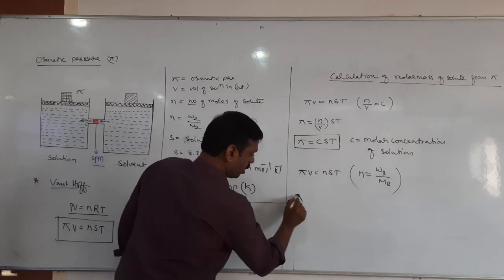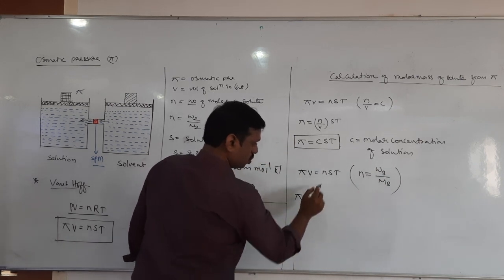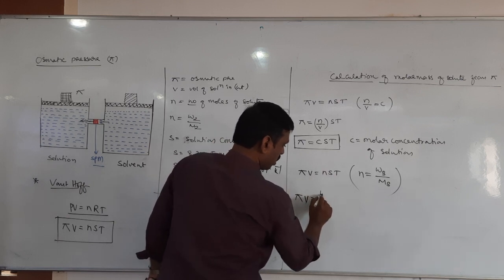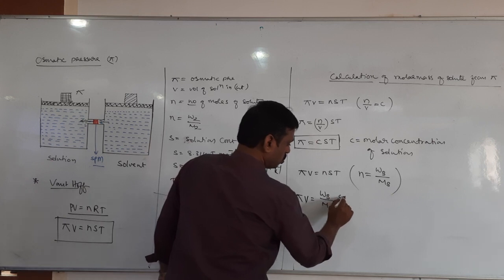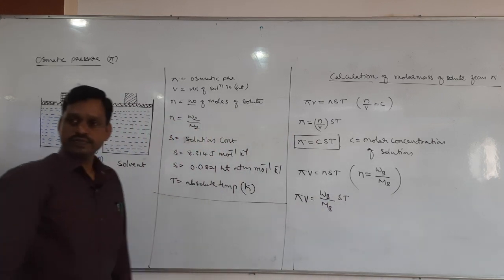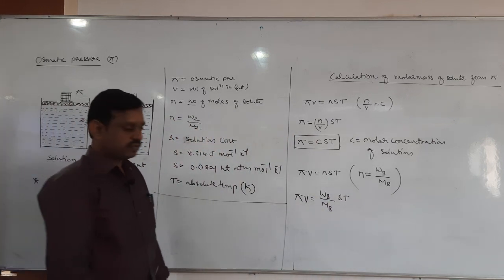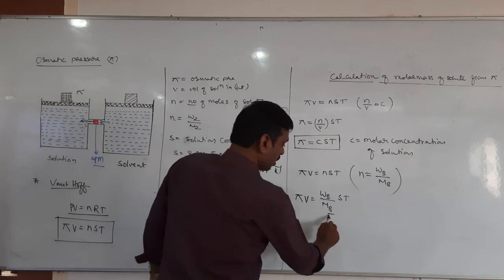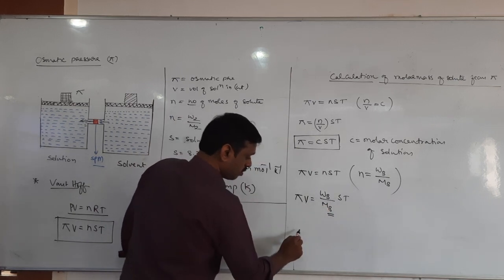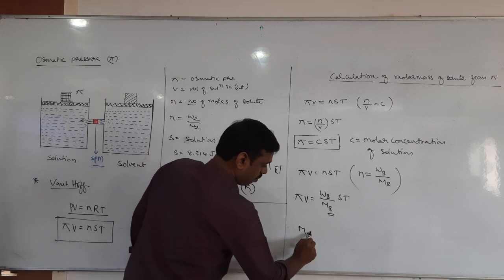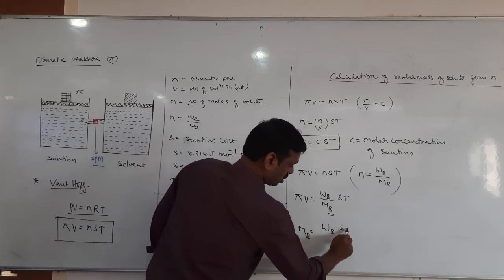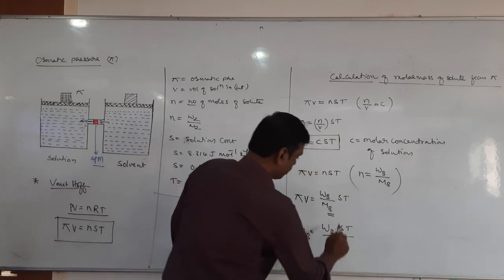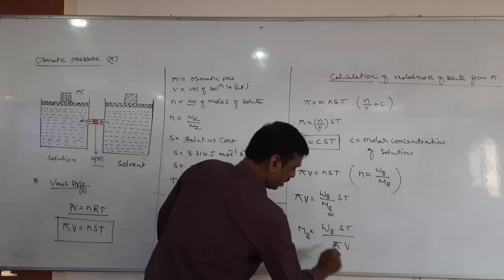Therefore, pi into V equals, in place of n, can we write WB by MB, into ST? Then what to calculate? Molar mass, MB. So MB transferred here: MB equals WB into S into T divided by pi into V.